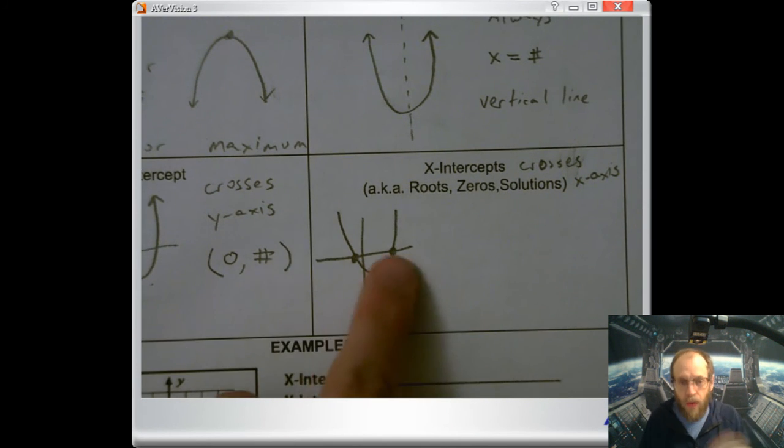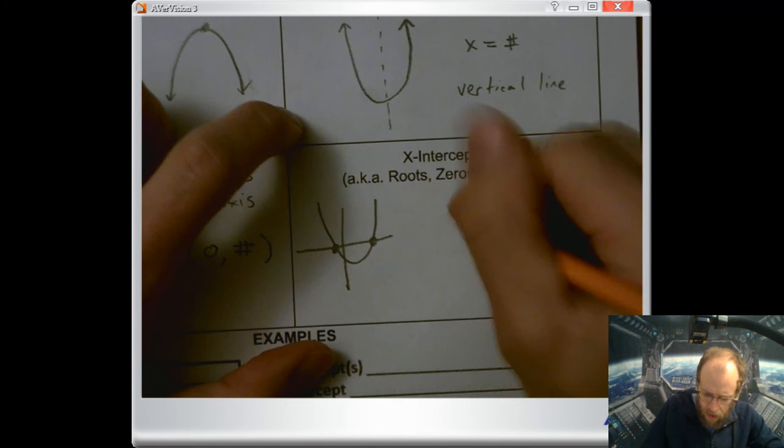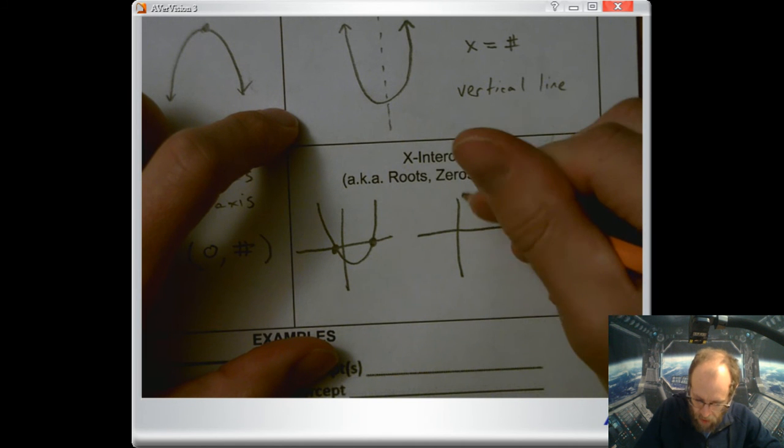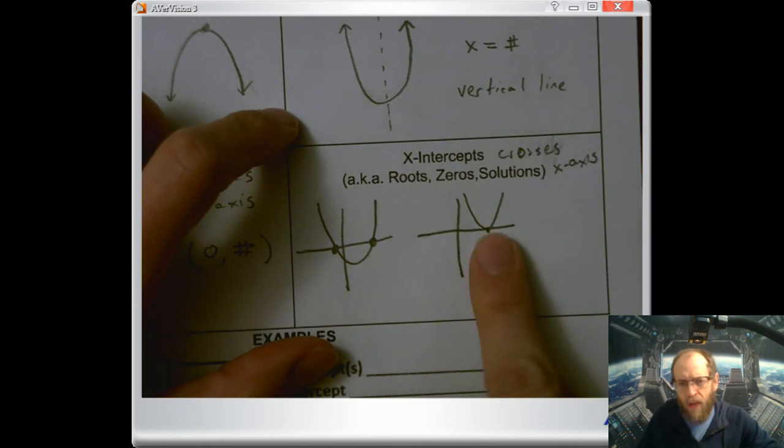And you might have two of them. Hey, look, two different x-intercepts. Or, depending on how your parabola is drawn, boop, it might have the vertex right on that x-axis.